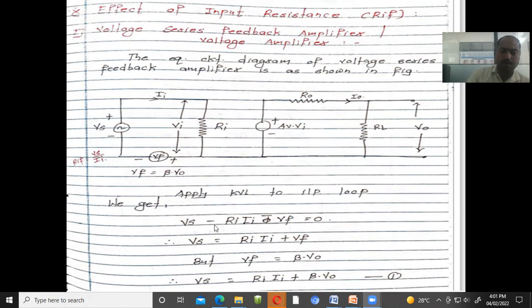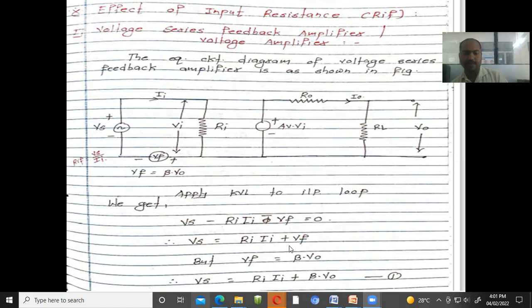Now taking this with respect to Vs, Vs equals Ri Ii plus Vf. Why is it plus? Because the terms which are here go to the other side. So Vs equals Ri into Ii plus Vf.